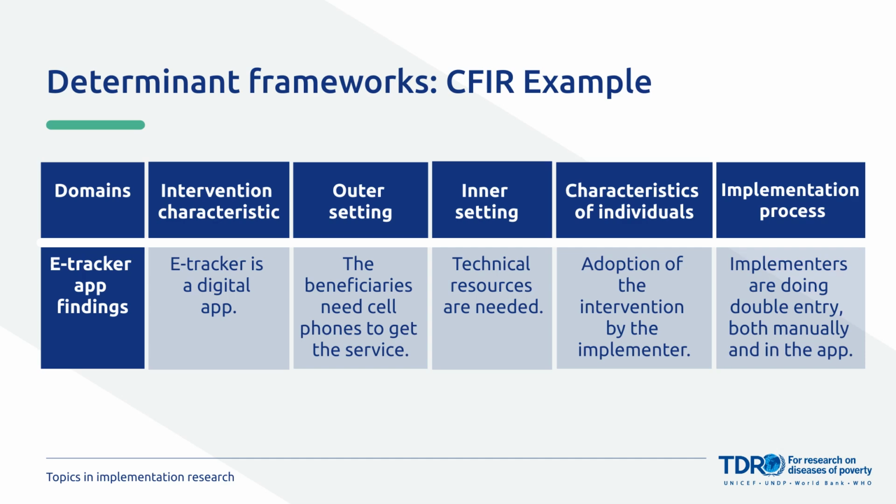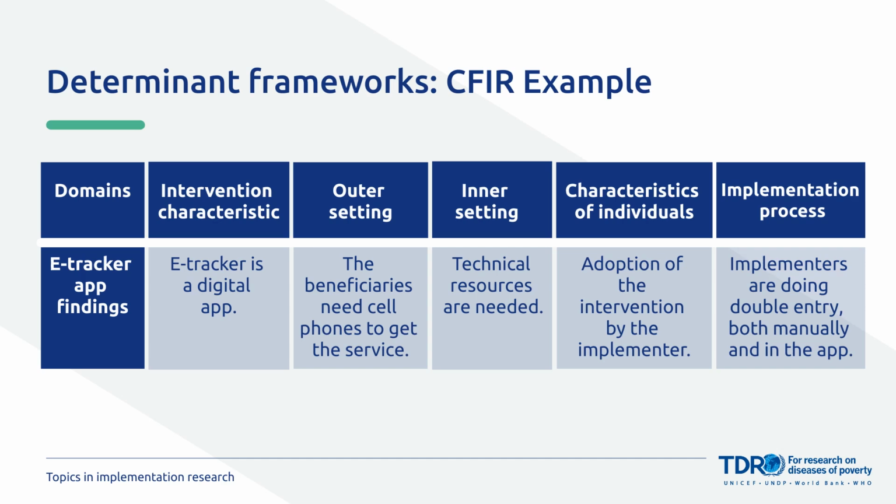If we go back to the example given previously, about the eTracker app, we can organize the findings from that study, under these domains, to describe the determinants influencing the scaling up of the eTracker. For example, additional findings from that study indicate that because the eTracker is a new digital app, technical resources are needed for it to be implemented, and implementers need to be familiar with using it.